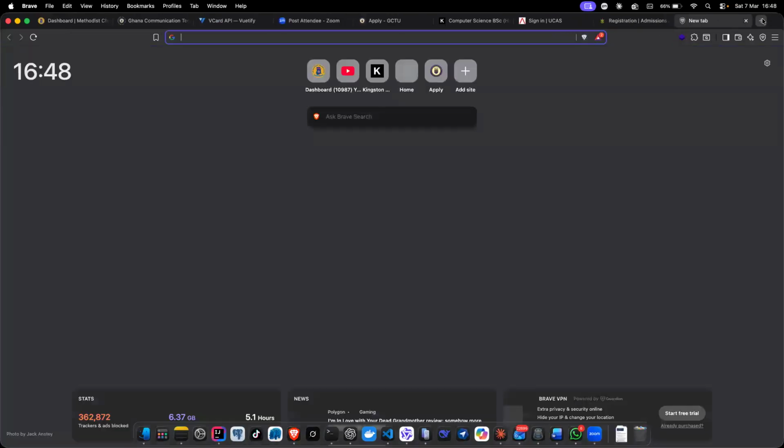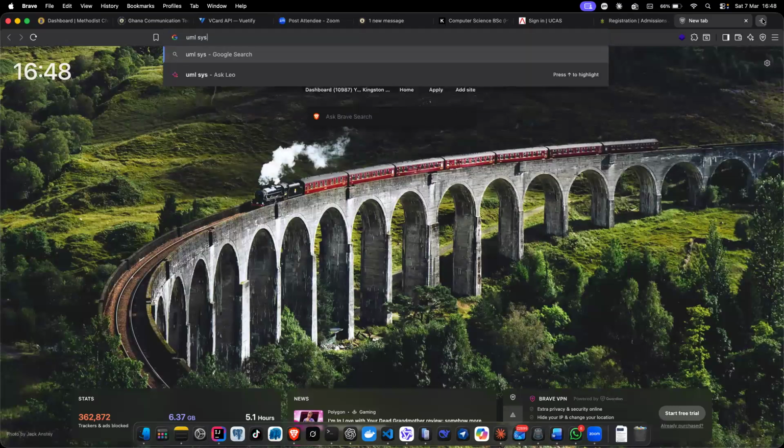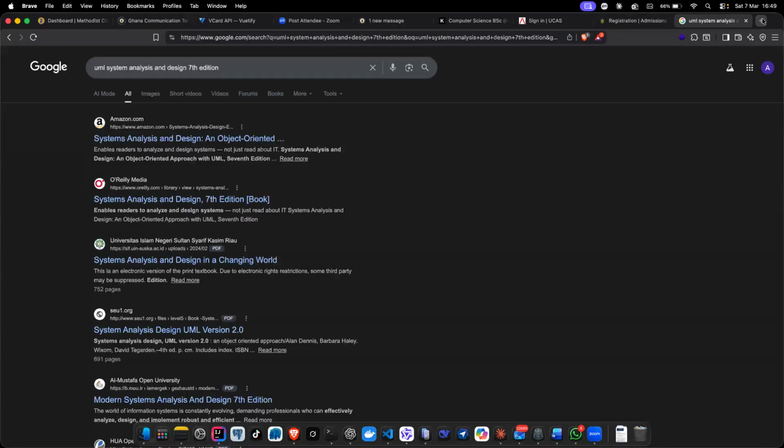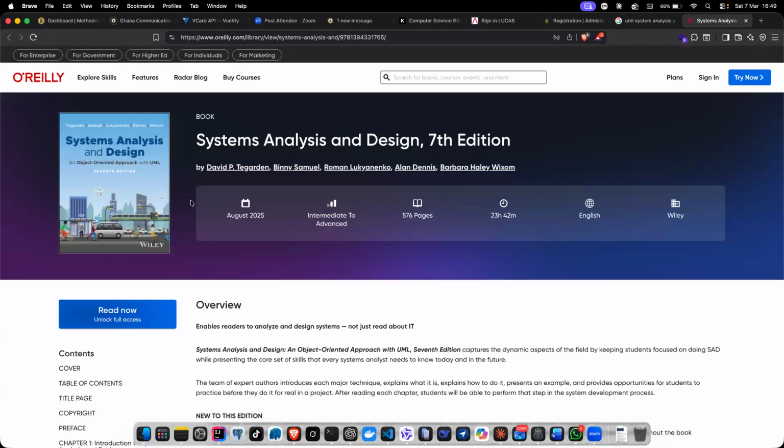UML system analysis and design. I think we may be in the 7th edition or so. There's a book that I gave to one person that I was working with.